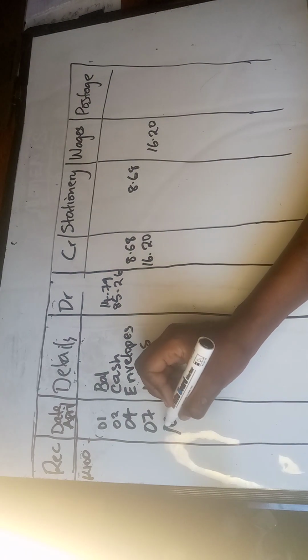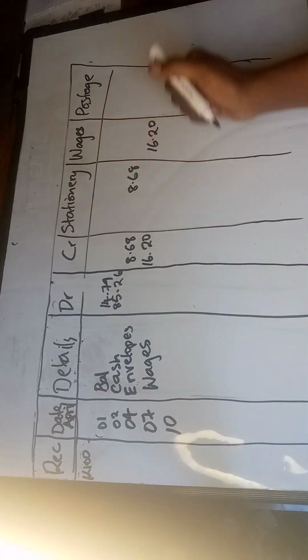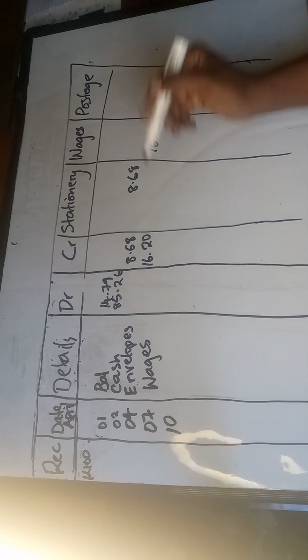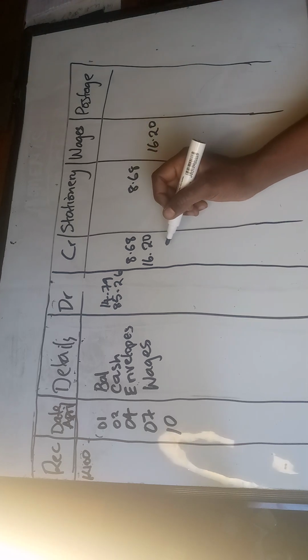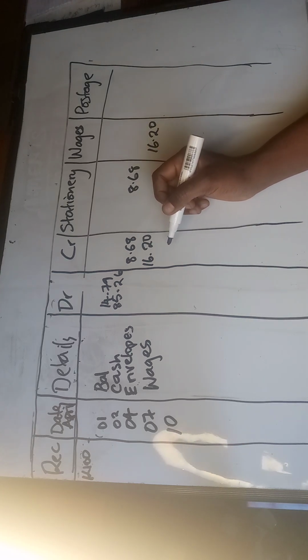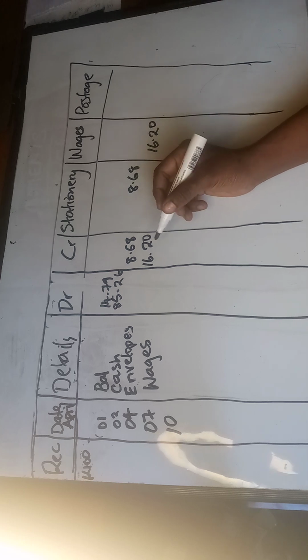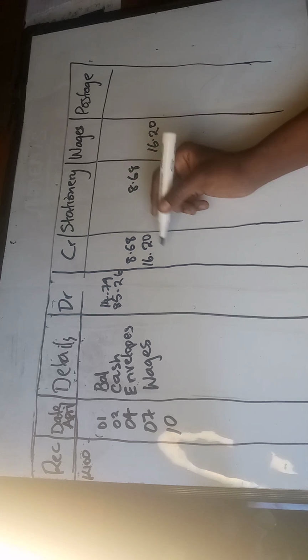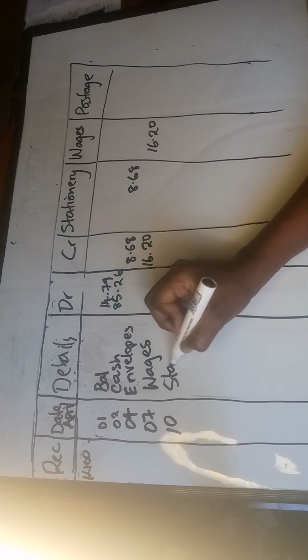I'm only putting the date because April is on top there. So what happened on 10th of April? Purchased postage stamps worth 8 kwacha 15 ngwe. Whenever you're buying something, the money is going out of your pocket. So we're going to say stamps.